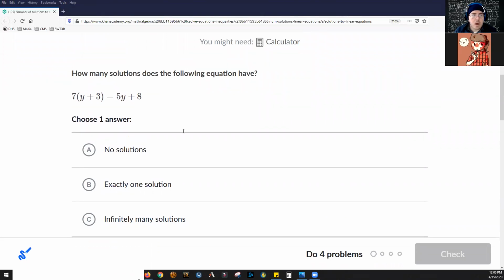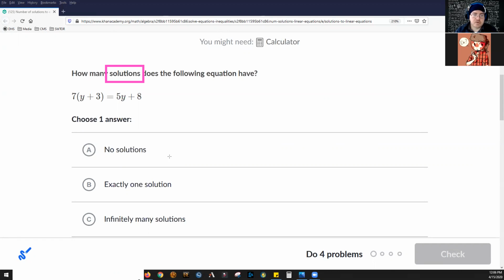How many solutions does the following equation have? When it says solutions, what it means is like if you were picturing lines on a graph, sometimes lines intersect once. So let's do a really thorough explanation.